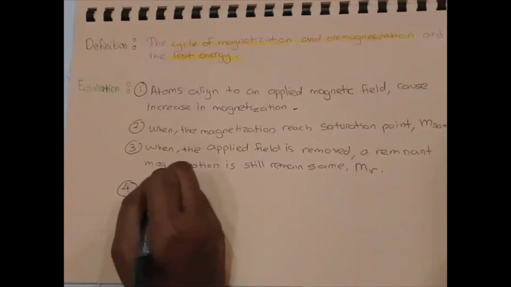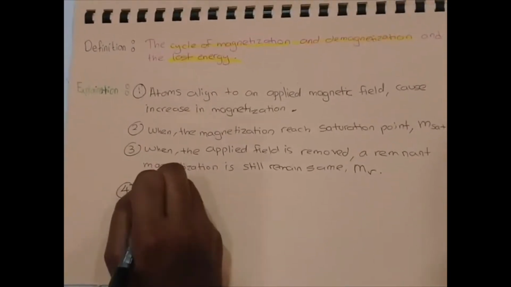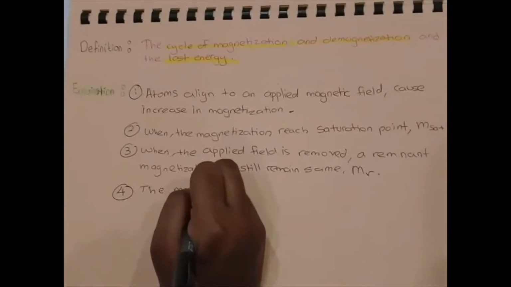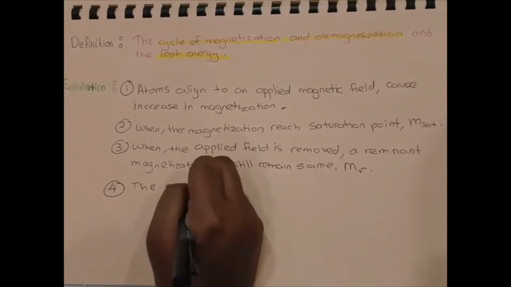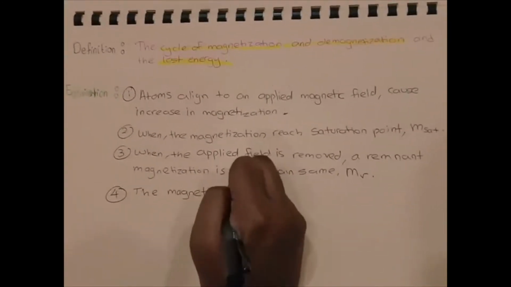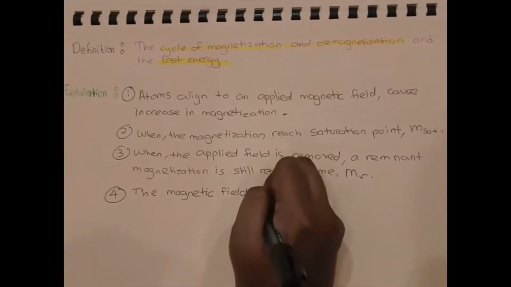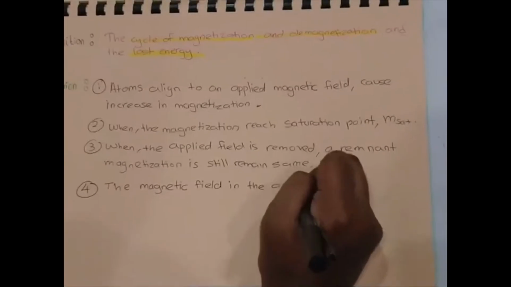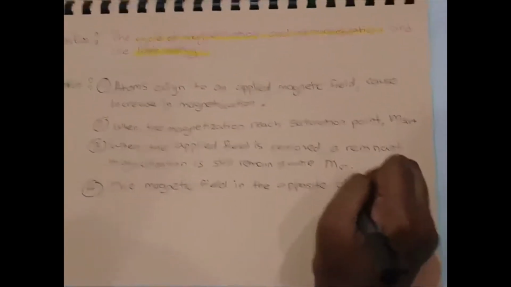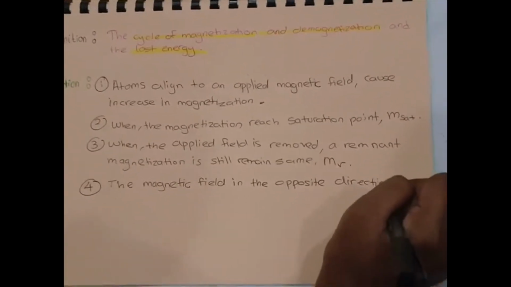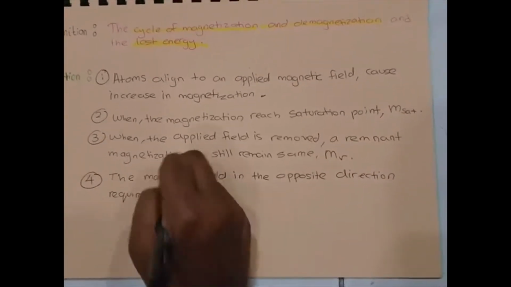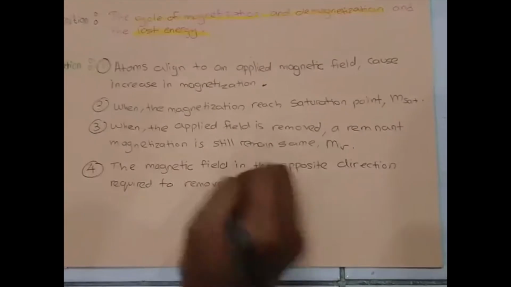The next point is the magnetic field in the opposite direction, required to remove the magnetization.